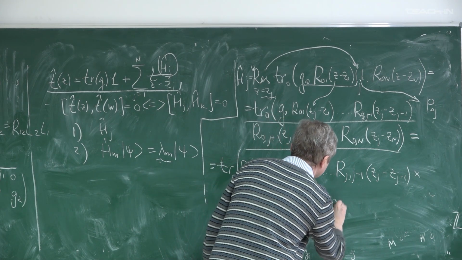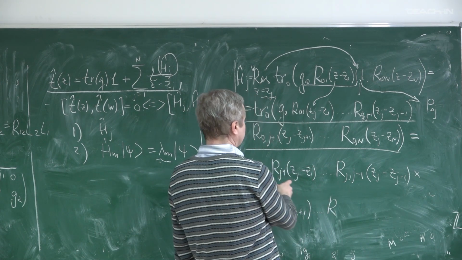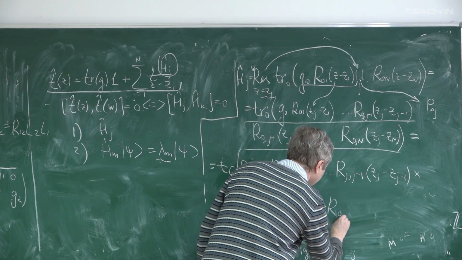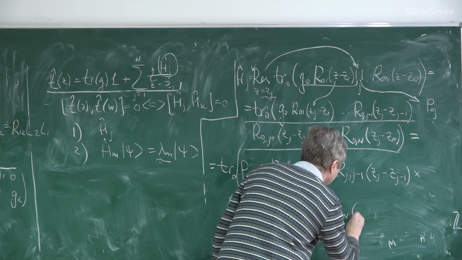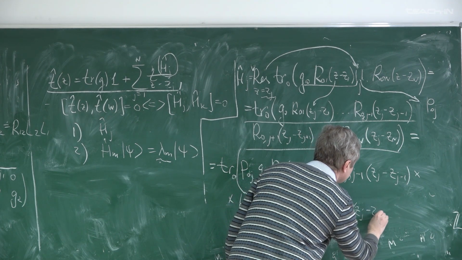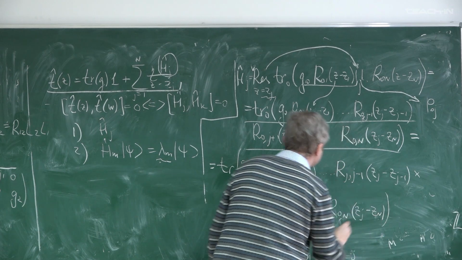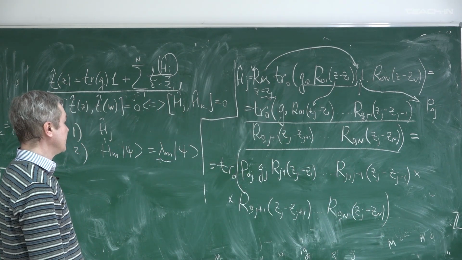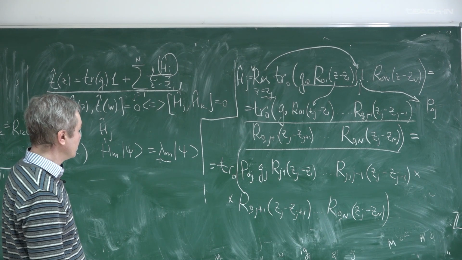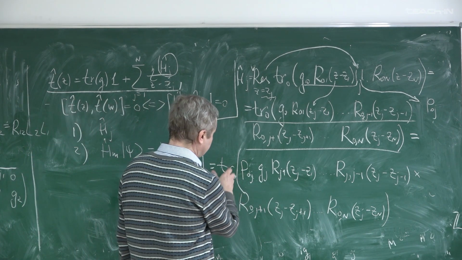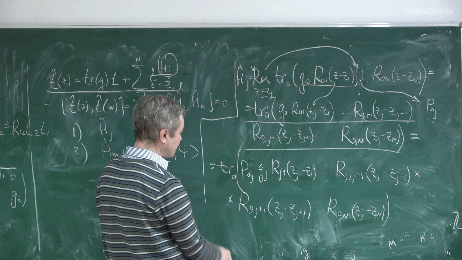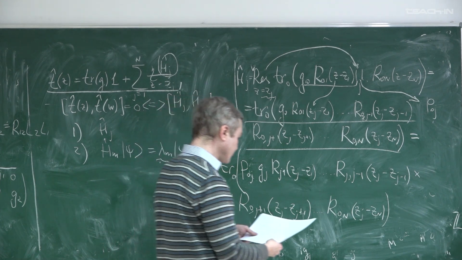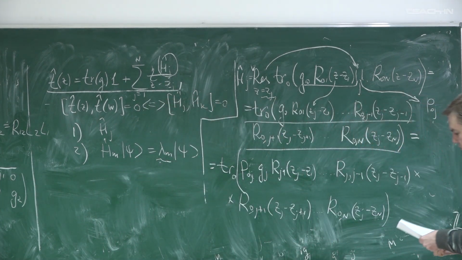So what we did, we excluded the 0th component from the first line. But next, we know that this is a trace in the 0th component, so we may change the order.